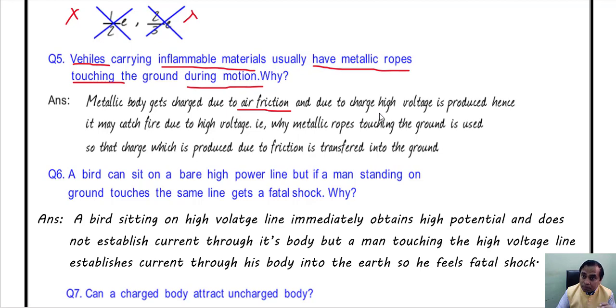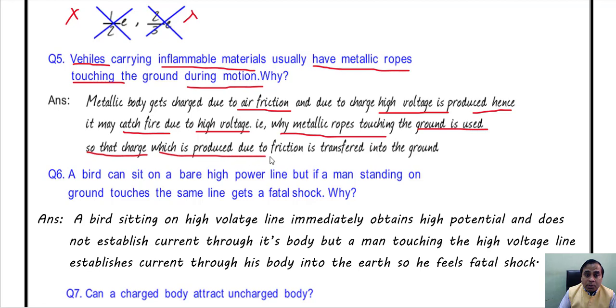Now over a period of time, a high voltage is produced on its surface, and this high voltage may get discharged in the surroundings by a process called corona discharge, so it may catch fire due to high voltage. That is why metallic ropes touching the ground are used, so that the charge which is produced due to friction is transferred into the ground.